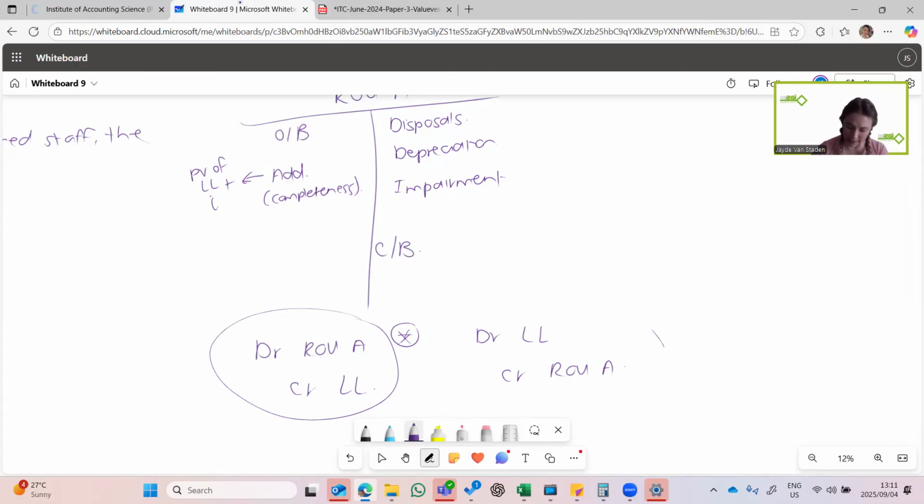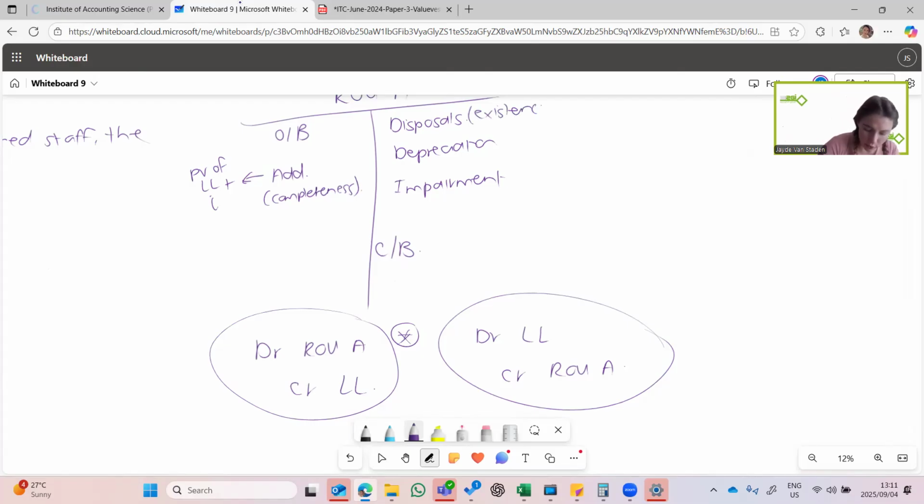So now it means that this wasn't processed, which means that if it hasn't been taken out of the right of use asset, then the amount is too high because there's still a lease in there that's no longer our lease, no longer our right of use asset. So we need to take it out. And essentially, that does not exist.